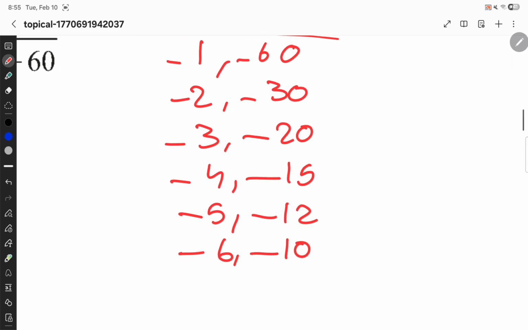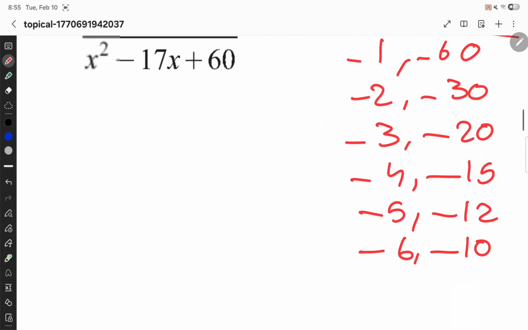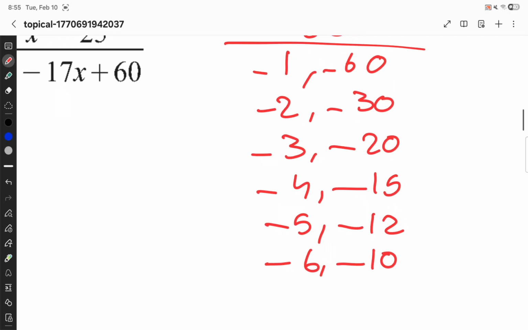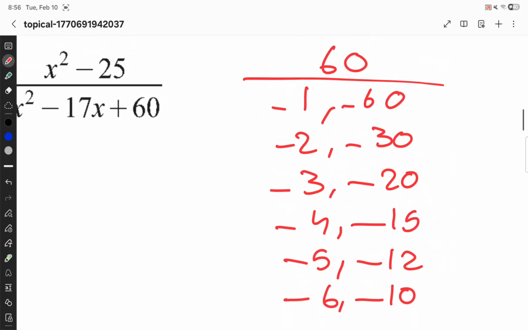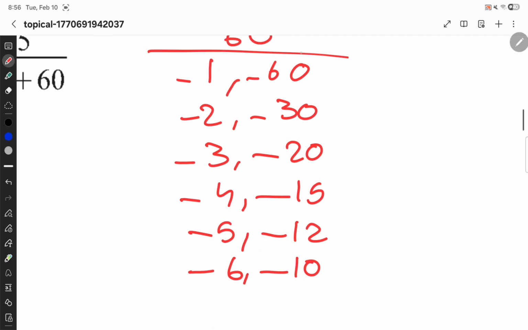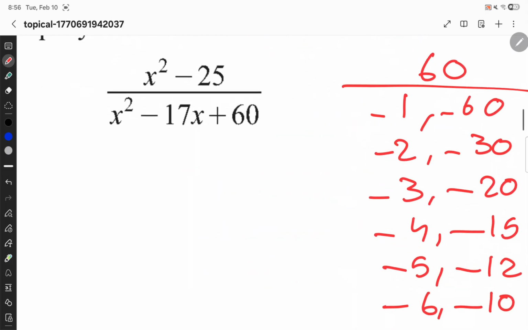Now if we add these together then we need to get negative 17. If we look at it carefully, this gives us negative 17, and so we will choose negative 5 and negative 12.